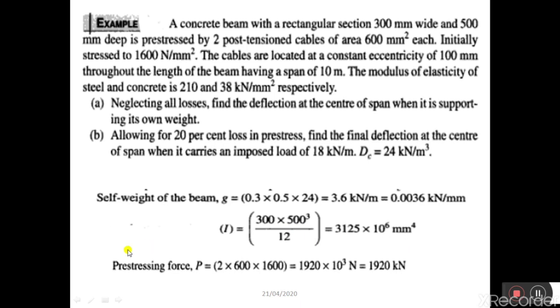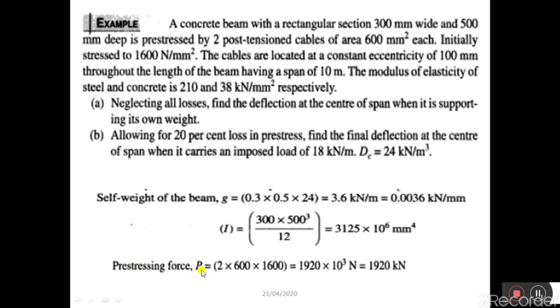And next is the pre-stressing force. In the question, they have given the area of each cable and the stress induced in each cable. The cross section area of each cable is 600 mm square, and each cable is imparted with a stress of 1600 Newton per mm square. Therefore, what will be the force?